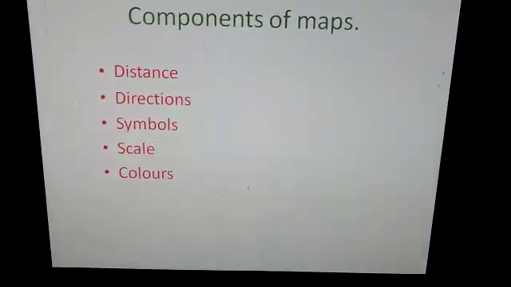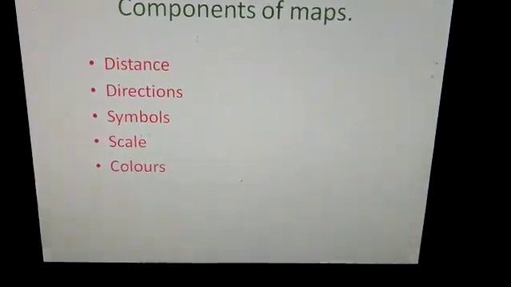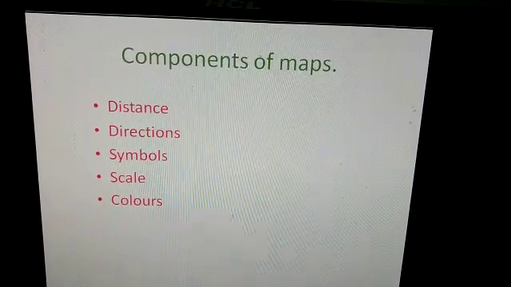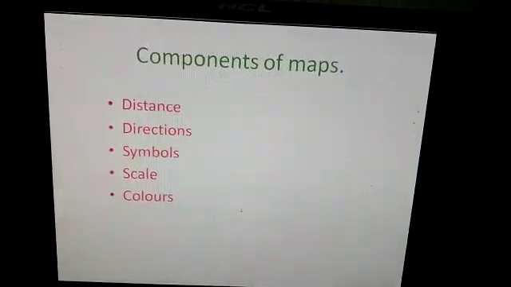In your book there are 4 components of maps. First one is distance, second is directions, third is symbols, fourth is scales. But I have added one more, that is colors.